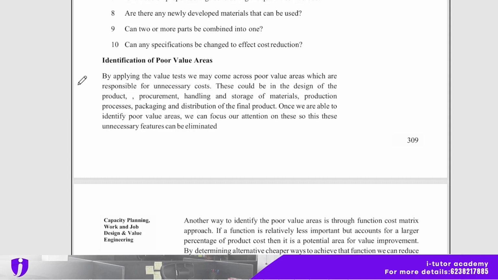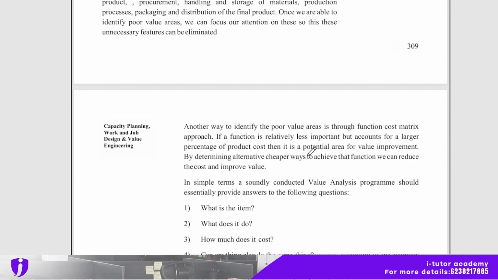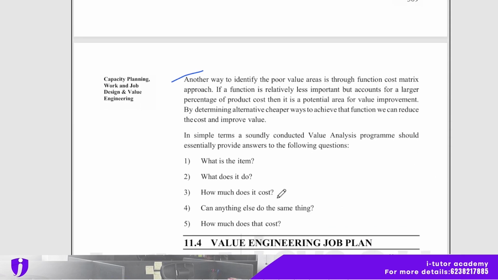These unnecessary features can be eliminated. And another way to identify the poor value area is through function cost matrix approach. And if a function is relatively less important but accounts for a larger percentage of product cost, then it is a potential area for value improvement. And by determining alternative cheaper way to achieve that function, we can reduce the cost and improve value.